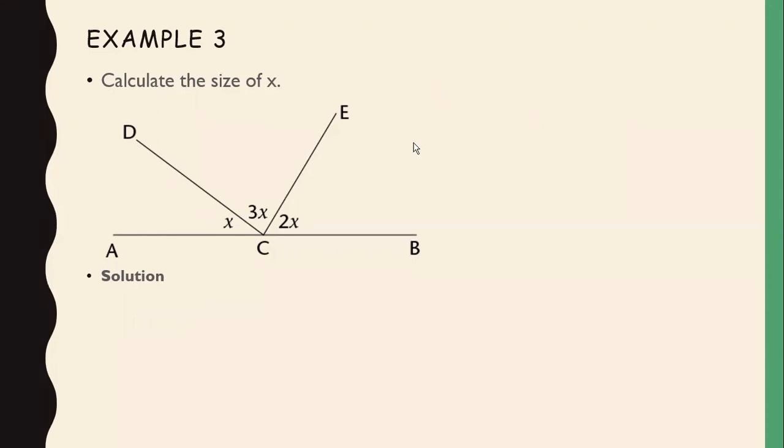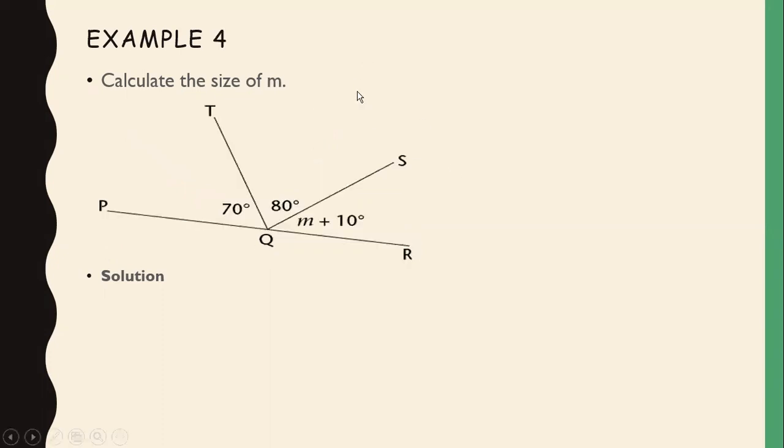Which I believe is the same pattern, right? Now, this is example 4. Now we have this. It's still the same supplementary angles, right? Because they're all lying on the same straight line.